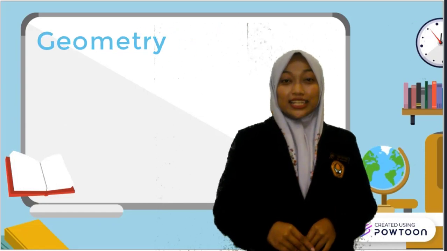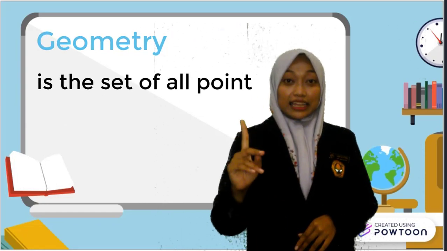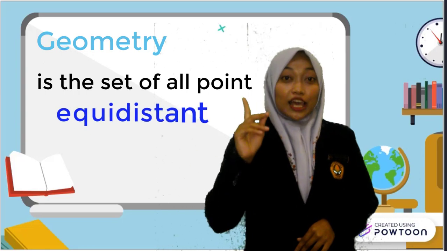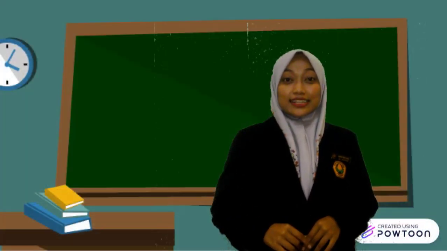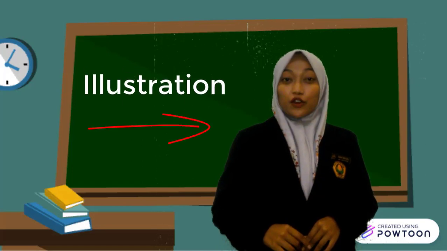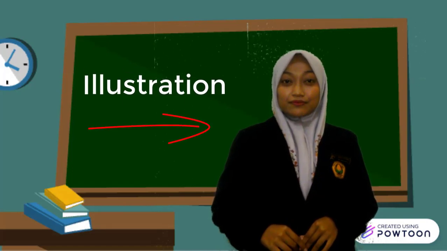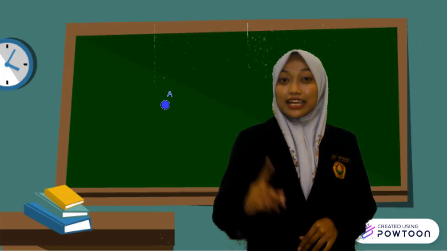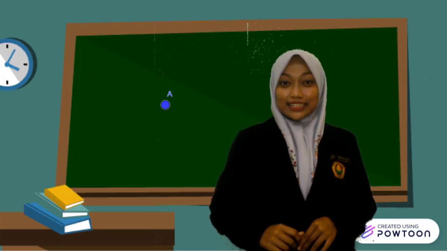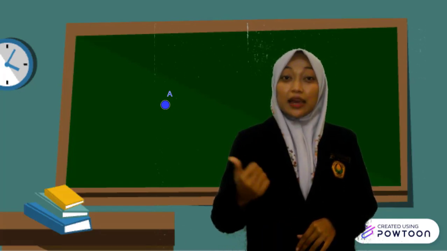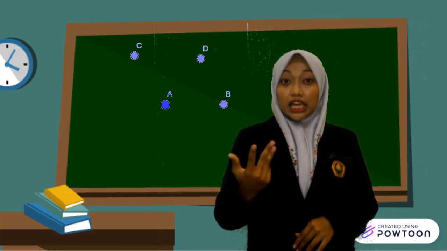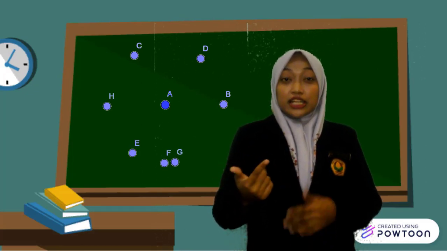In geometry, a circle is defined as a set of all points that are equidistant from a single point. How do we understand it? Consider the following illustration. For example, A is a single point. Now, let's draw other points that are equidistant from it: B, C, D, E, F, G, H, and keep on going.